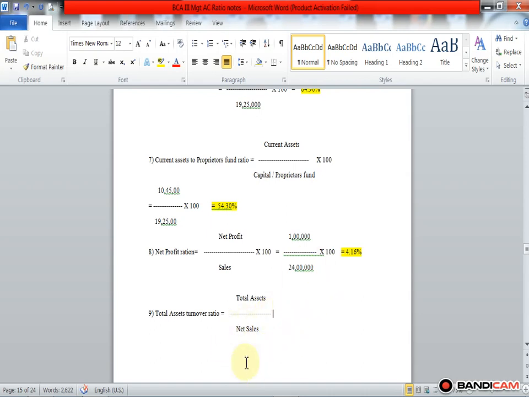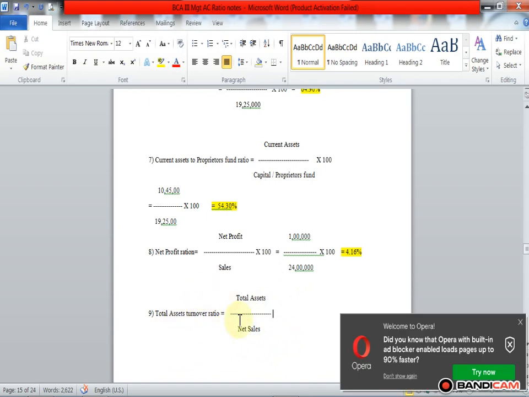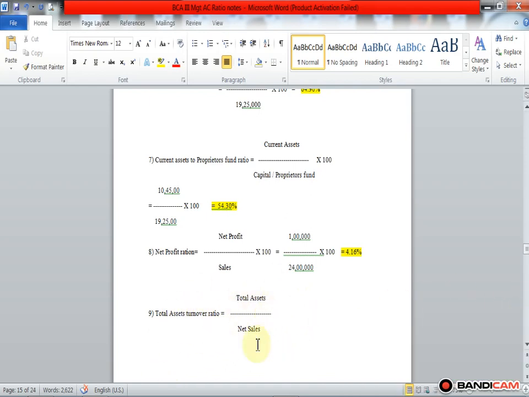We find out the utilization of total assets for our turnover, that is, how many times we use the assets. So here we don't multiply it by 100. We always find this ratio in times.